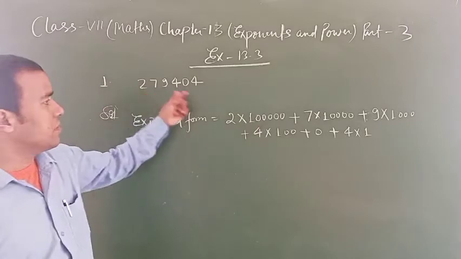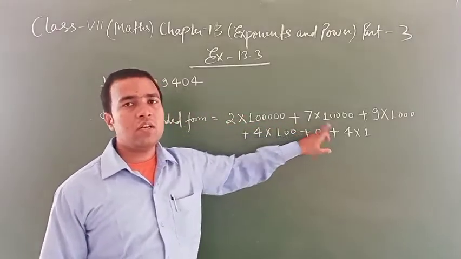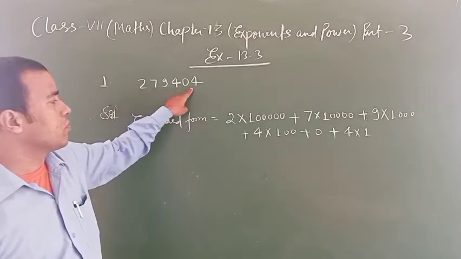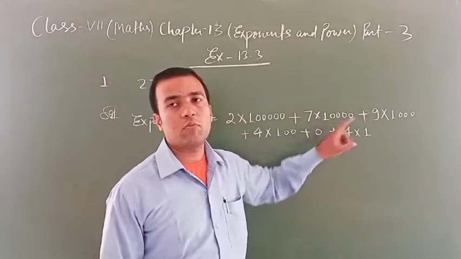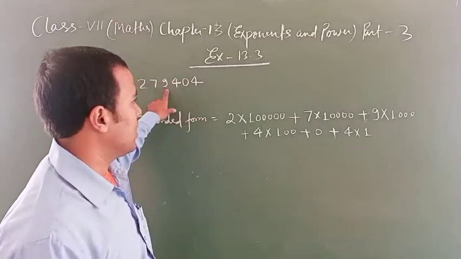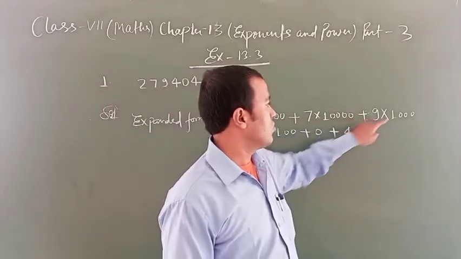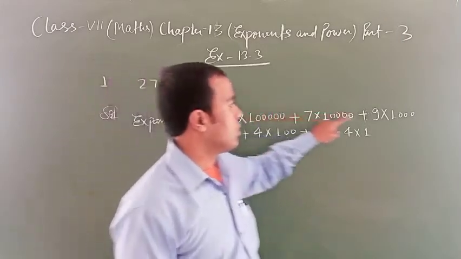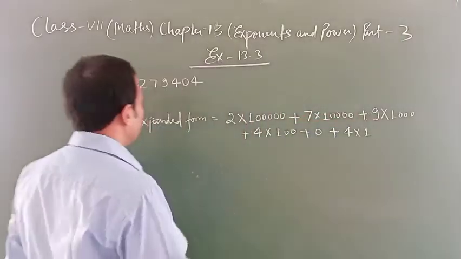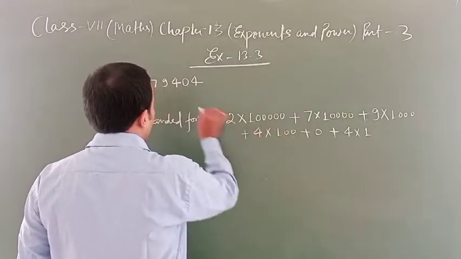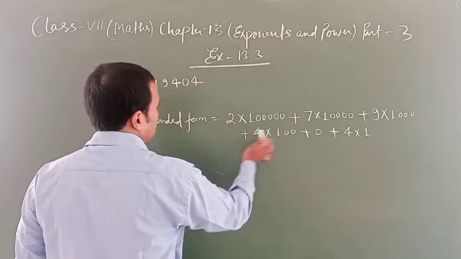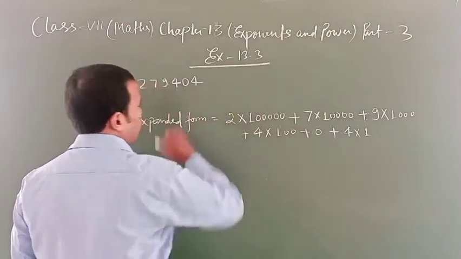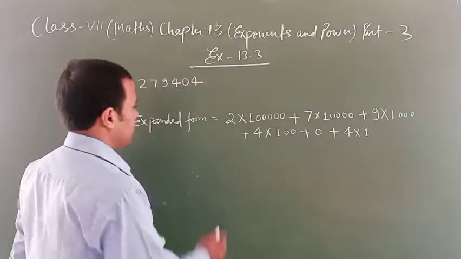After 2, 7 is given, plus 7 into 1 followed by 4 zeros. Then 9 into 1000, plus 4 into 100, plus 0, plus 4 into 1. Clear? It is in expanded form.